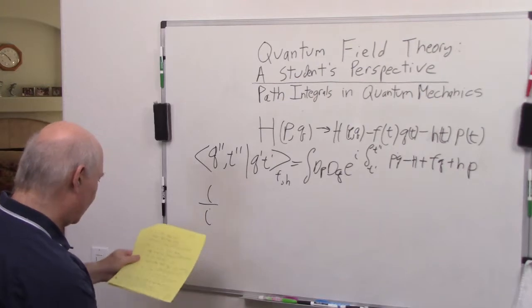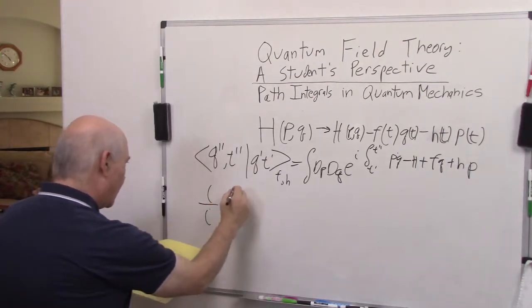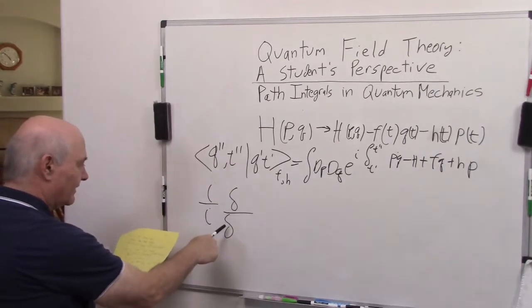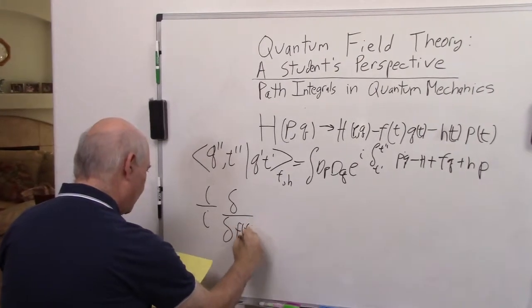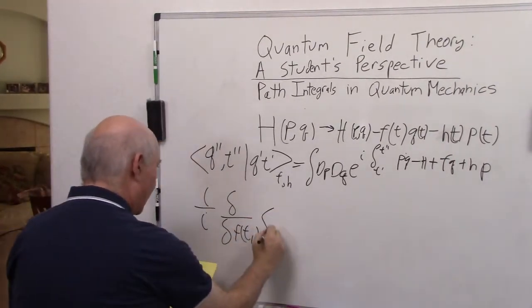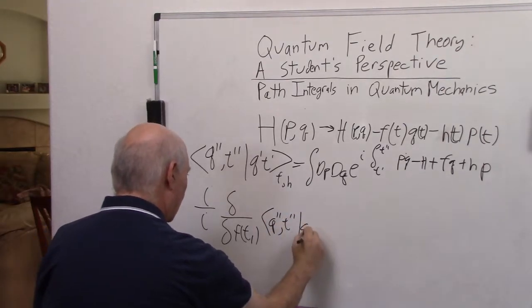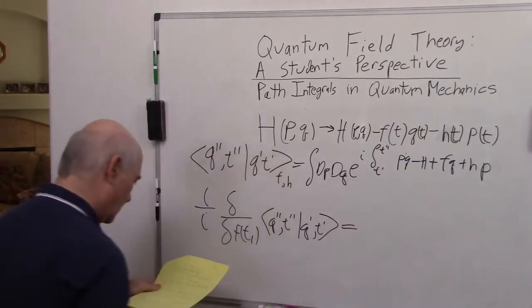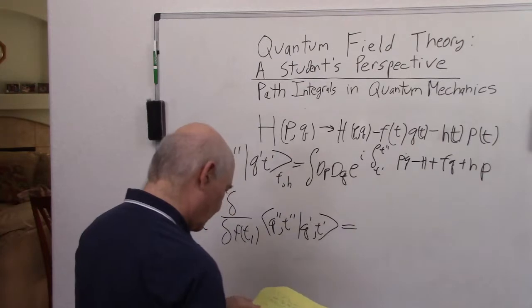Okay, so I want to take a functional derivative. What we do is we have 1 over i, and we usually indicate functional derivatives by del instead of d's, del f of t1. So if we apply that, what's going to happen here?